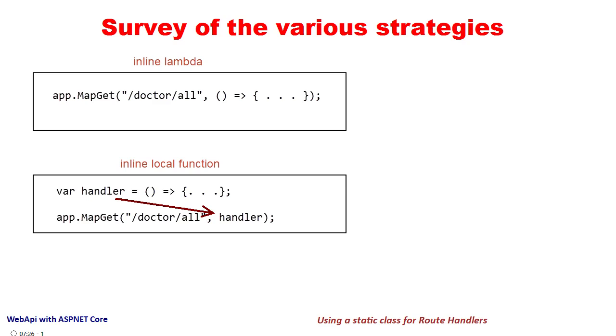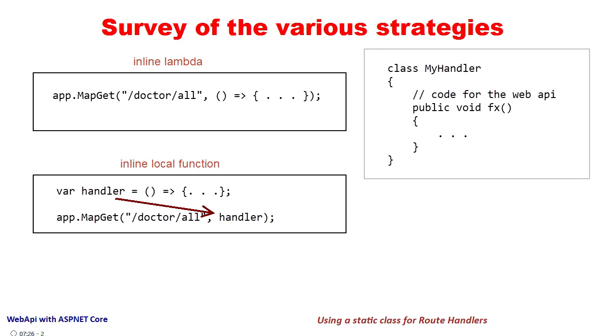and therefore it becomes more readable to a certain extent. The third possibility is to use an instance method of a separately written class. For example, we can add a suitable class to our project such as myHandler and add suitable instance functions to this class. For example, the function fx contains the code for our handler.